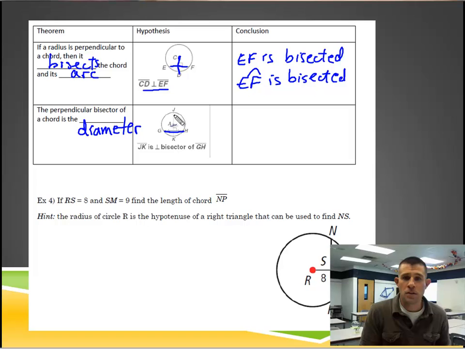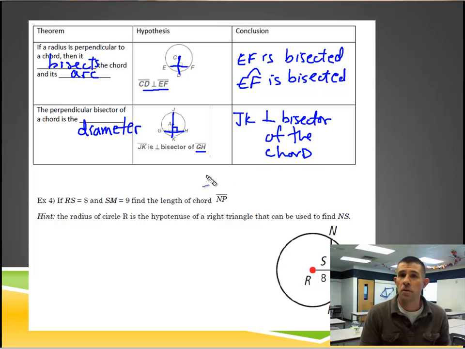So here is our diameter, JK, and it's coming through the center of the circle, point A, and it is perpendicular and bisecting GH, that chord. So my conclusion here is that if JK is the diameter and JK is perpendicular to it, then JK is the perpendicular bisector.